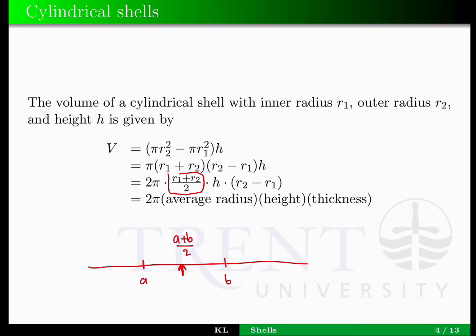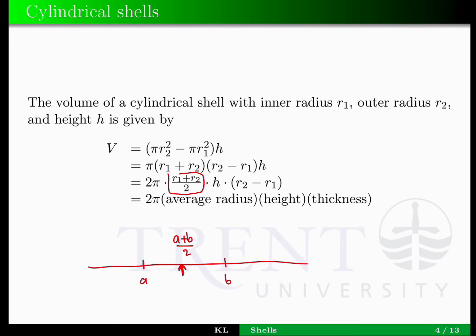So we interpret that as the average radius. All in all, the volume is equal to 2 pi times the average radius times the height times the thickness.